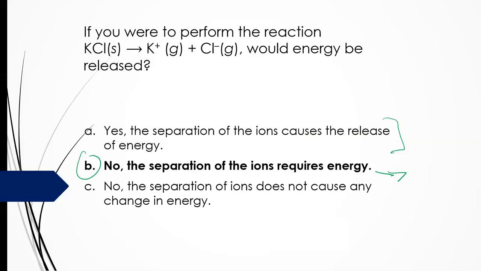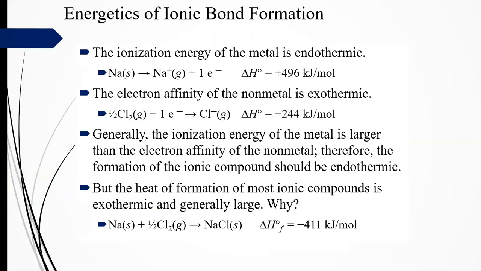Now that concept with the magnets is the basis of our energies for our ionic bond formation. When we try to ionize something, when we want to take away an electron, that requires energy from us. That's going to be our endothermic process.